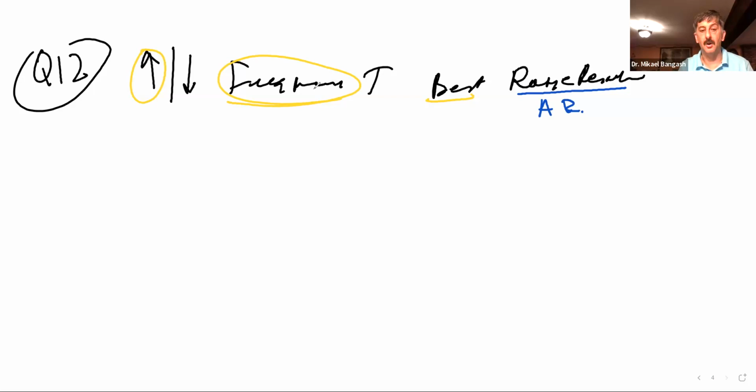But not too high, because too high is going to cause, what is too high of a transducer going to lead to? Attenuation. Clear? Okay. Good.